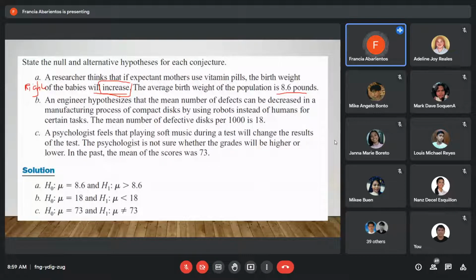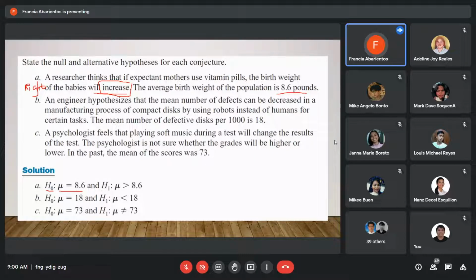So in stating your hypothesis, in the null hypothesis, the mean is always equal to the average birth weight of the population, which is 8.6 pounds.